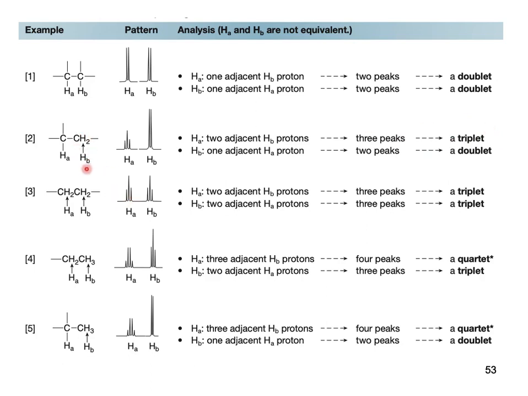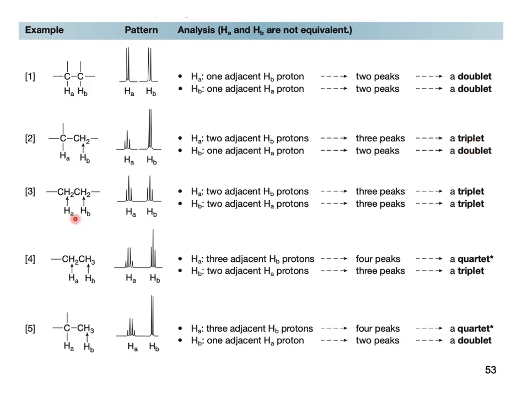And what information does this tell us about the other proton? The adjacent environment contains 1 proton, so 1 plus 1 is 2, and it gives this information by splitting into 2 peaks as a doublet.